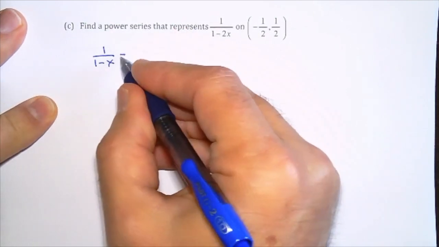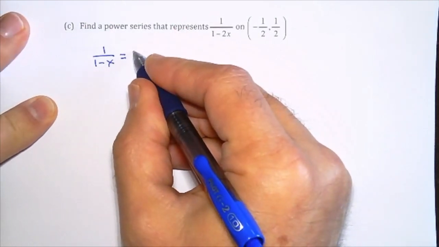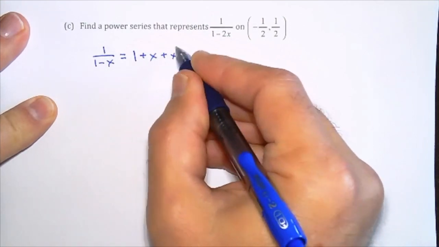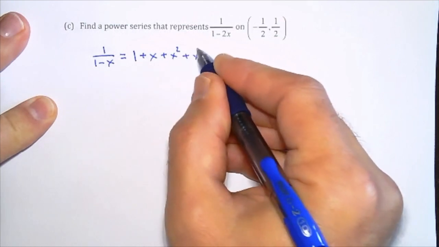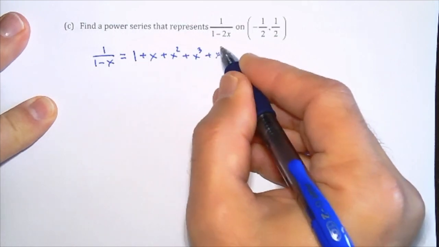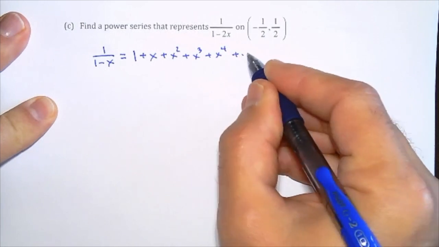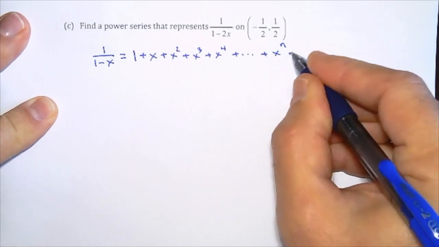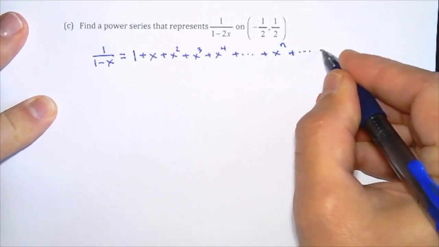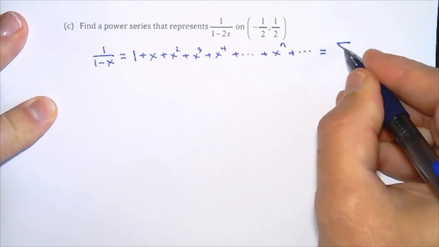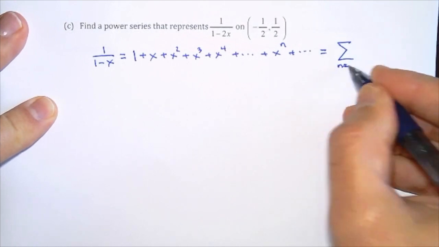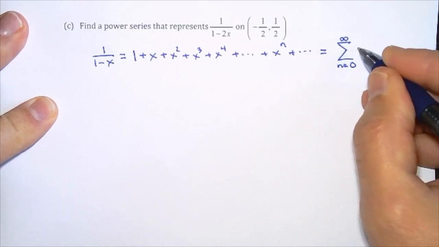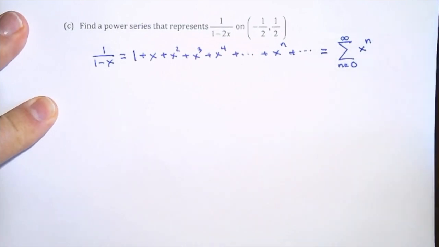So this can be represented by the infinite series 1 plus x squared plus x cubed plus x to the fourth plus dot dot dot plus x to the n plus dot dot dot, and this is equivalent to sigma n equals 0 to infinity of x to the n power.